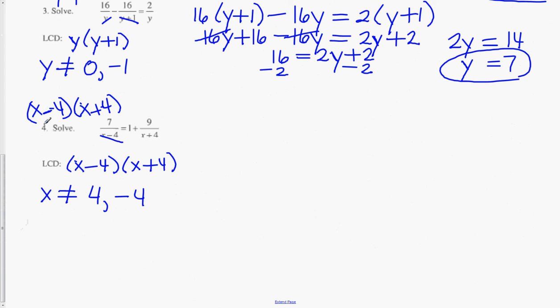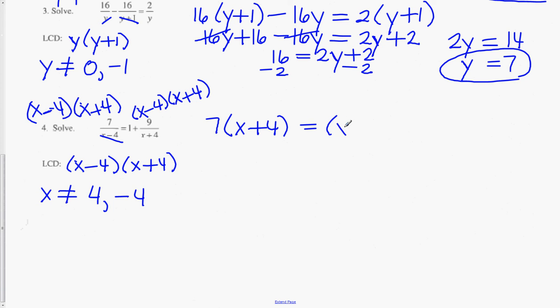Underneath the 7, the x minus 4's would cancel, and I'd have a 7 times an x plus 4 equals, now, a 1, I'm going to go ahead and write this one next to each one of those. I'm not canceling anything with the 1 because the 1 doesn't have a fraction on the bottom of it.